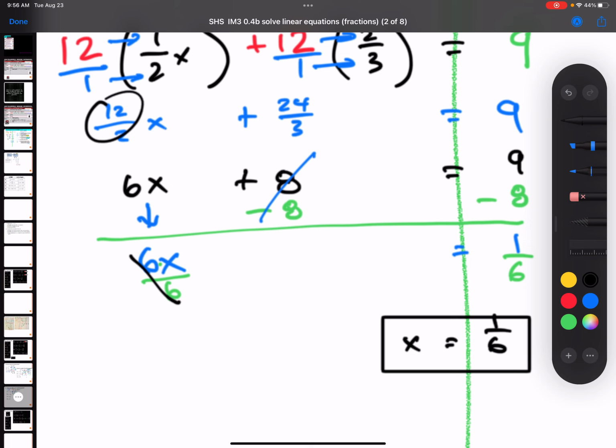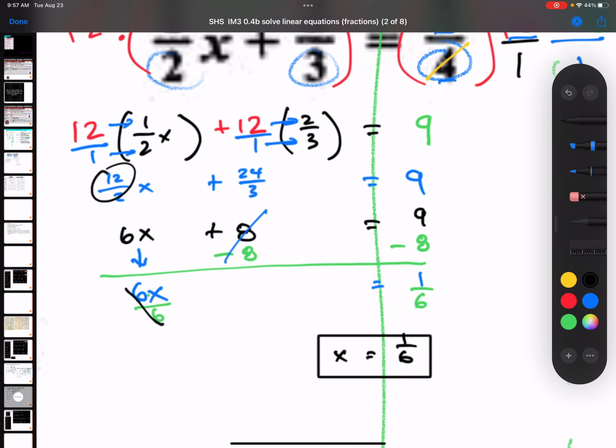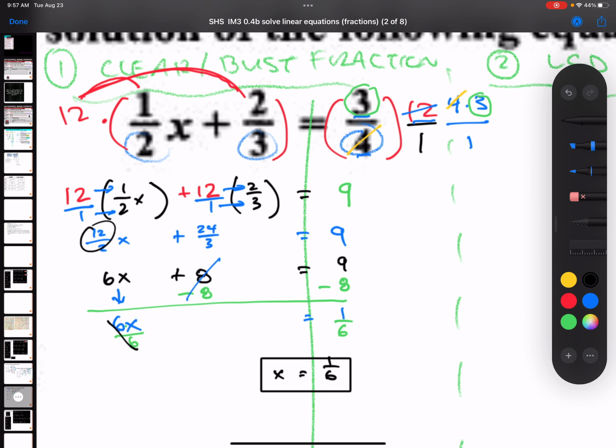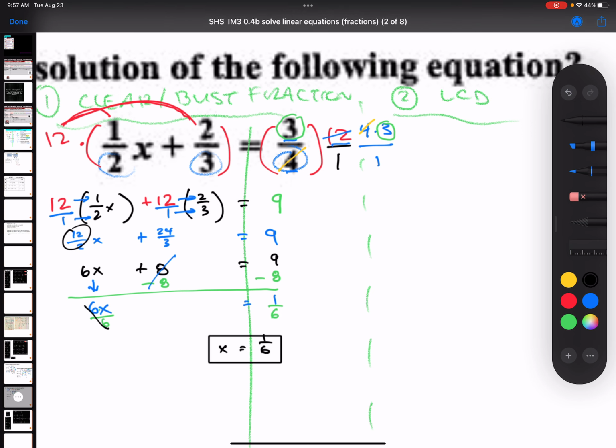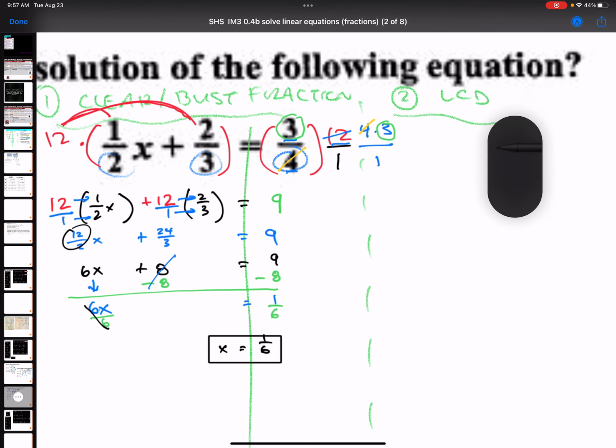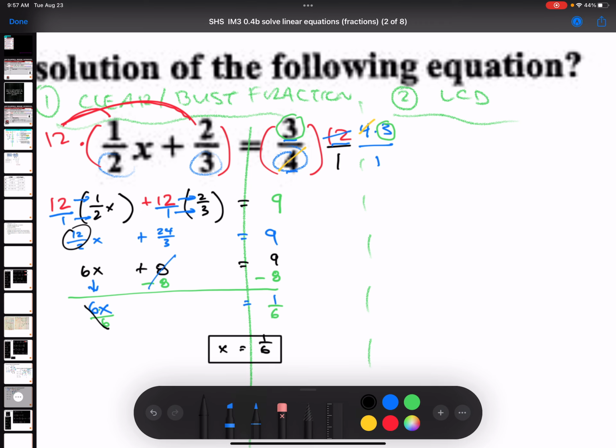Okay, let me show you a different way, okay? The last method we just talked about was called clearing or busting the fraction, okay? Let's do another method called LCD, going to do the same exact problem, different way, and then you guys pick. Don't copy both, because you'll be kind of confused or lost.